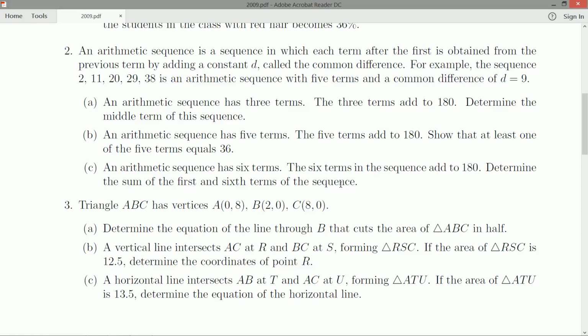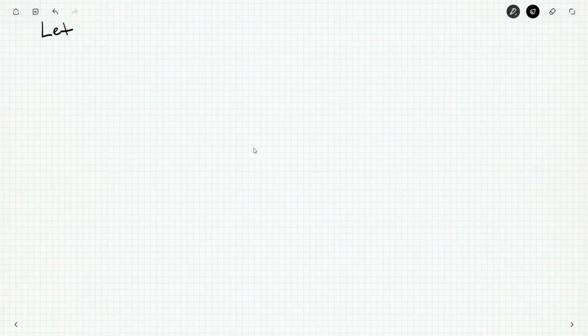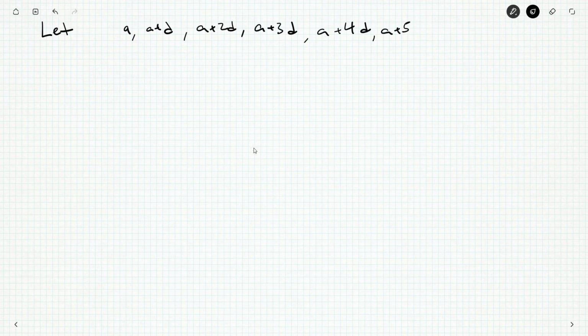So there isn't a special term to work with, so I'm going to fall back on my usual sequence notation. Let A, A plus D, A plus 2D, A plus 3D, A plus 4D, and A plus 5D be the sequence.